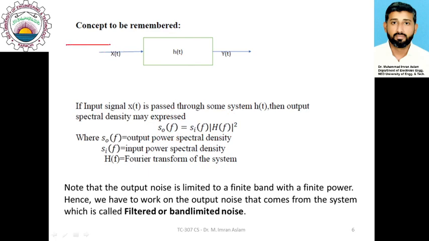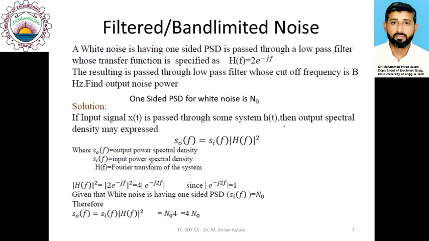So if we apply white noise to the system, the output noise will be limited to a finite band rather than an infinite band, and eventually it has a finite amount of power, which is represented by its variance. This type of output noise is generally named filtered noise or band limited noise. So practically we work on filtered or band limited noise. We do not encounter infinite power from the noise.